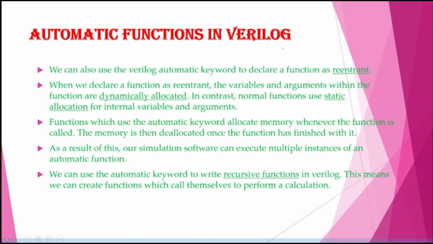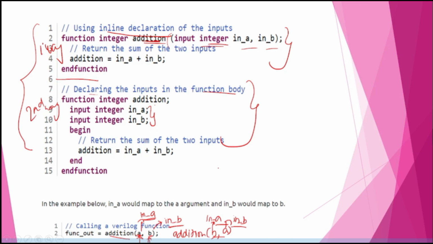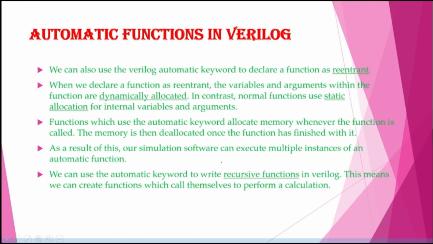Got my point? So this is about the functions. The next important topic within functions is automatic functions. From the start we have seen that we declare the type of function, whether it is automatic or static. I already told you that if a function is not declared as automatic, then it is static by nature.